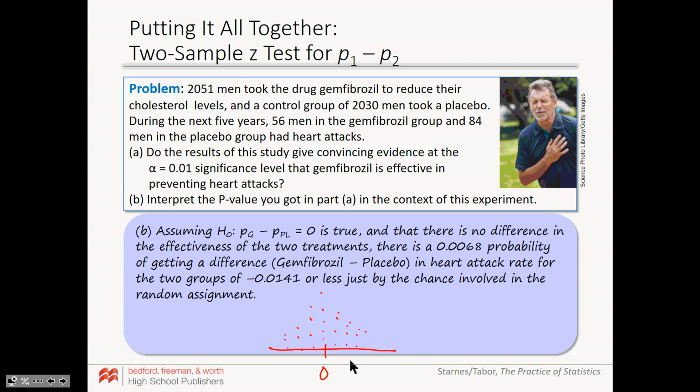So we're assuming this sampling distribution is true, and that there was no difference in the effectiveness of the two treatments. Assuming that, there would be a less than 1% chance, a 0.0068 probability, of getting a difference in heart attack rates for the two groups as large as our observed difference or more extreme, just by chance, just because of sampling variability.